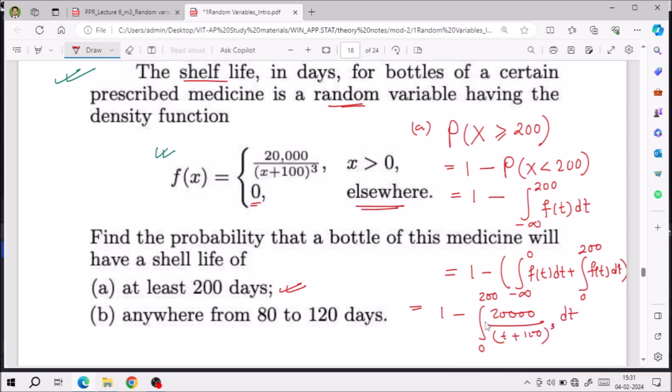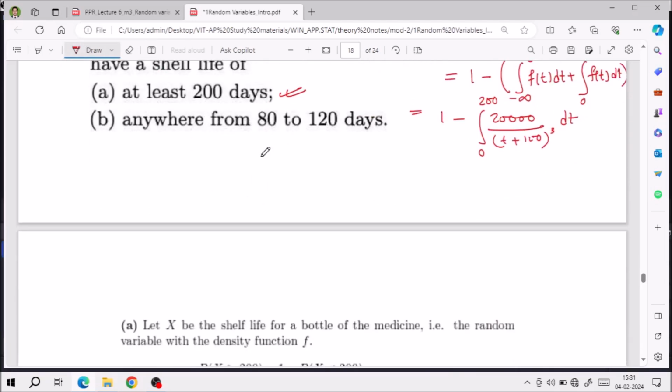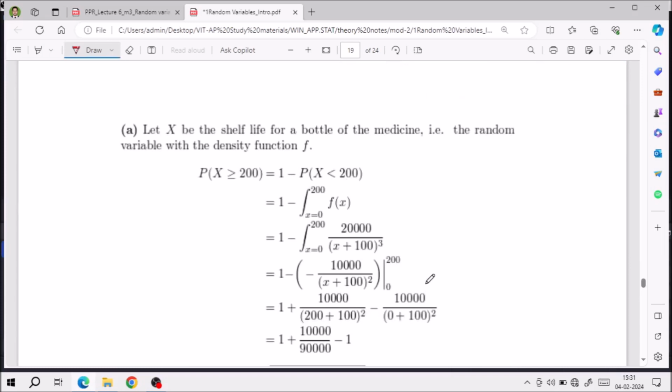Now what you need to do is just evaluate this integration. You can either substitute x plus 100 equals t and do it accordingly, or simply follow this method.